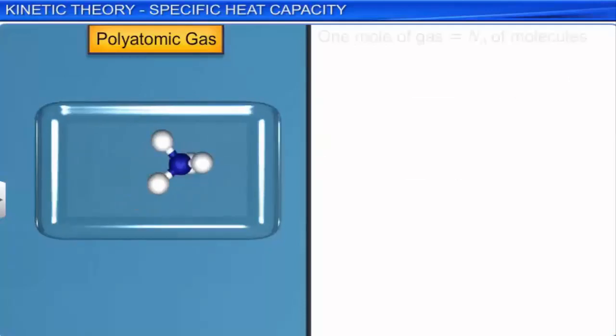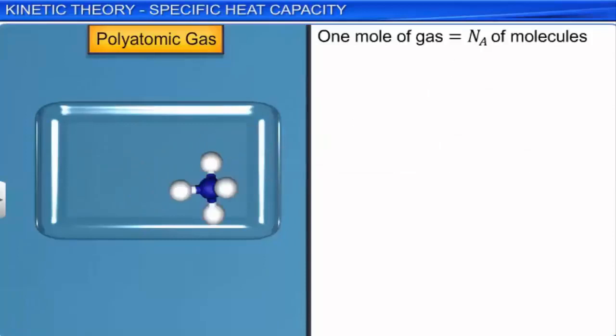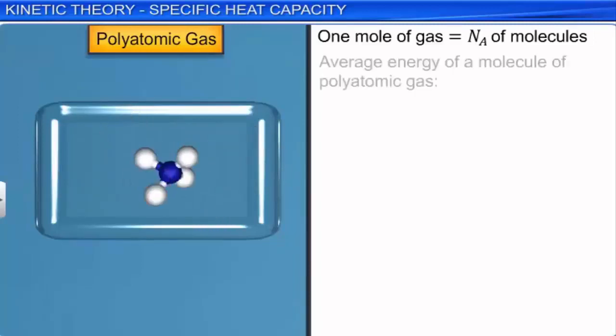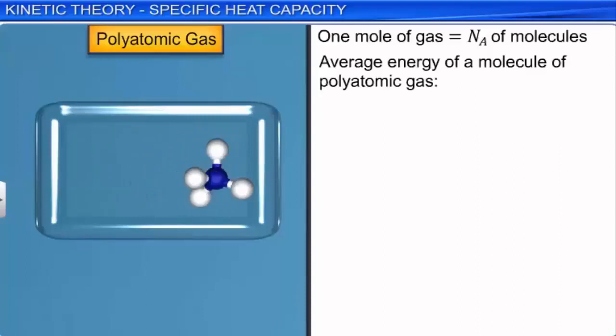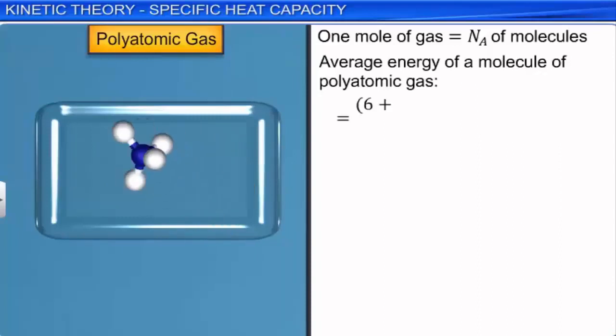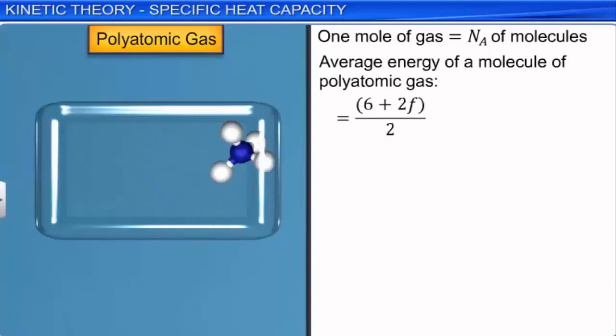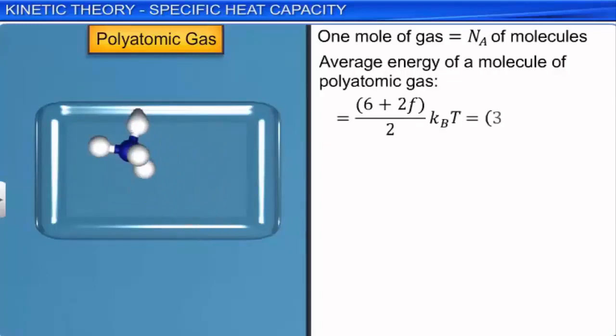1 mole of gas contains Avogadro's number of molecules. According to the law of equipartition of energy, the average energy of a molecule of a polyatomic gas is equal to (6 plus 2f) by 2 into kBT, which is equal to (3 plus f) kBT.